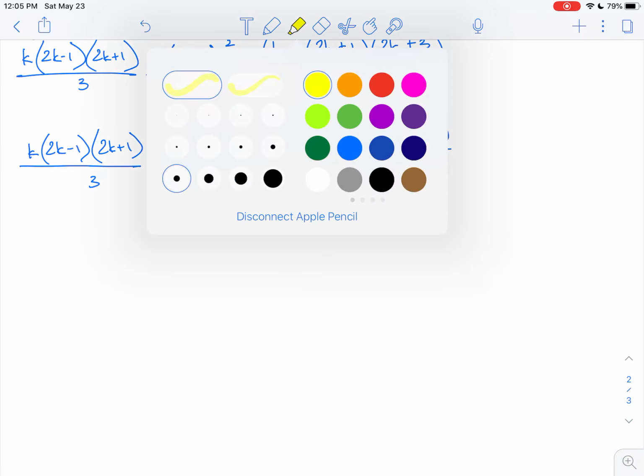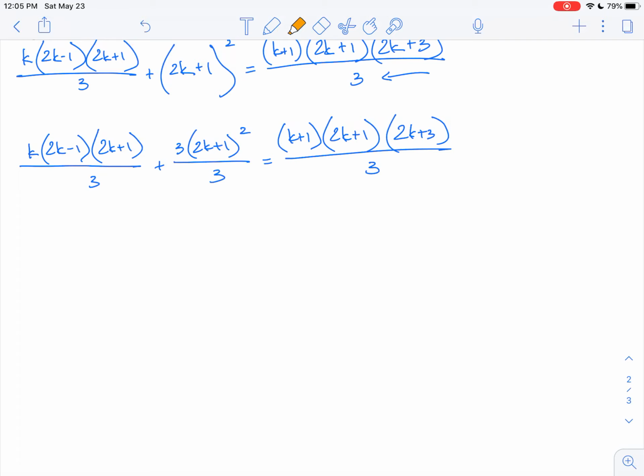And at the same time, I notice that there is actually a common factor. So there's a 2k plus 1 here, and there's a 2k plus 1 here. So I'm going to go ahead and factor out that 2k plus 1. So I've got (2k plus 1), okay? And let's see what's left.